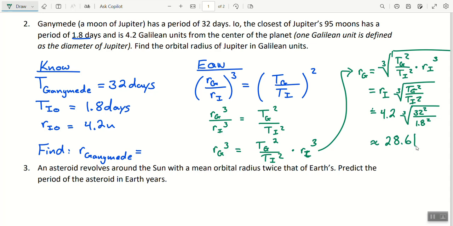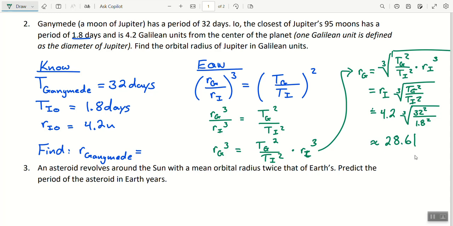Now, as we're looking at this, I want to think, does this number seem even a little bit reasonable? First off, what are my units? I'm not going to write them all out. What did we just find? RG, and what's RG? Good. The orbital radius of Ganymede.